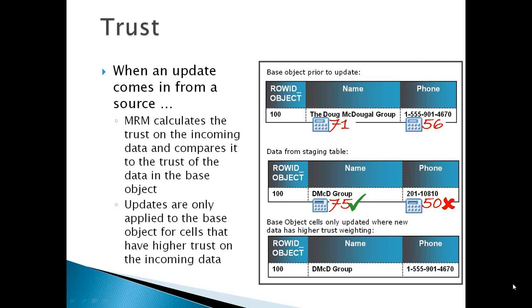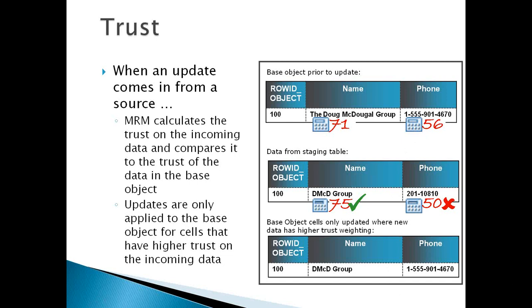So in this case, what will happen? Suppose for the name and the phone number, I don't have any trust. Initially I have 100 in my base object, and now I am sending an update. Whatever update you are sending will get promoted into the master record. So that's the difference, basically.